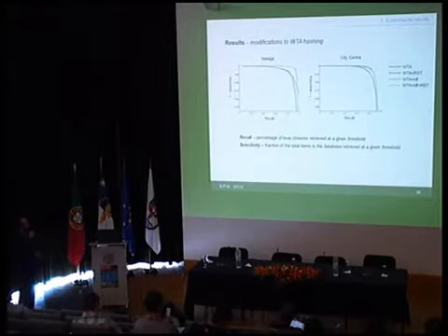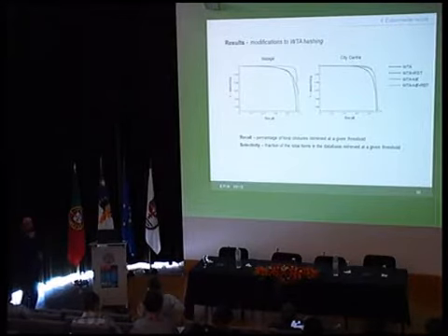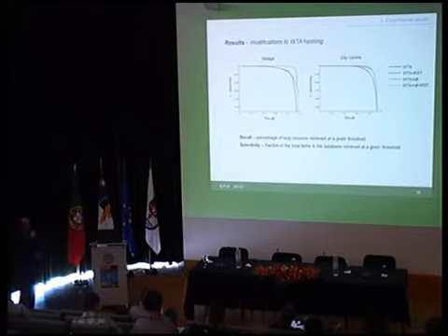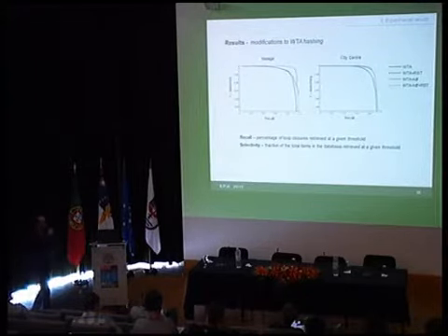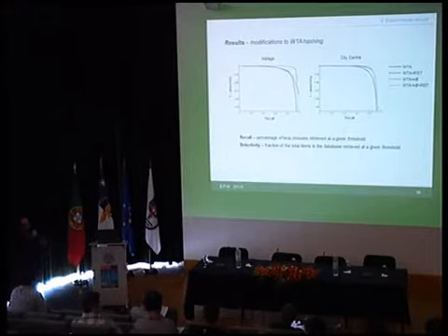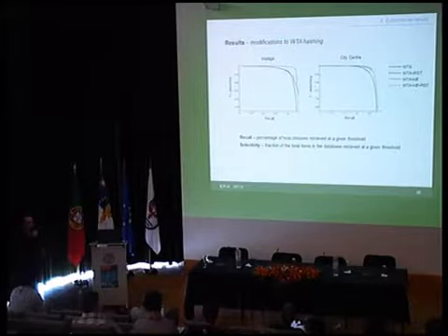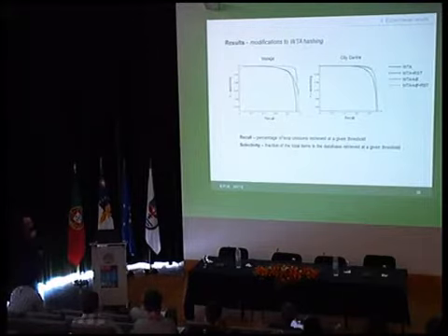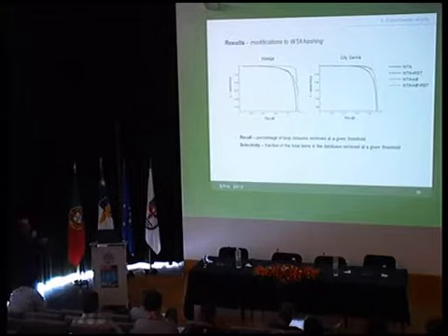We also use selectivity, which is the fraction of the total items in the database that we retrieve for a given threshold. In these images, instead of using selectivity, we plot 1 minus selectivity, which allows us to analyze these images as if they were precision-recall curves. So the higher the value of 1 minus selectivity, the better.